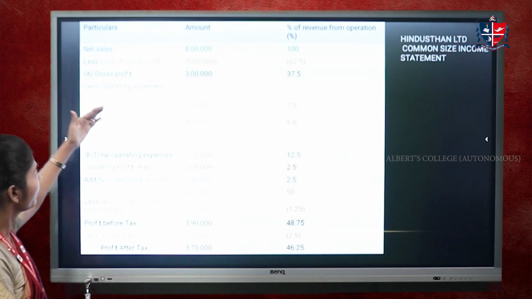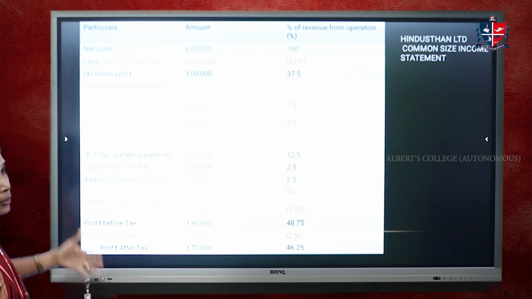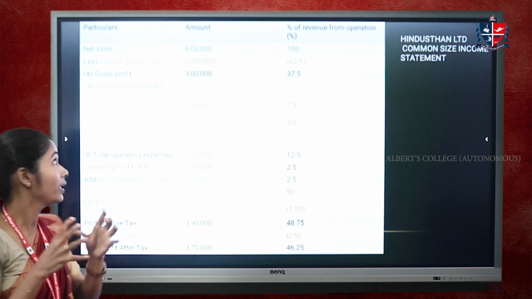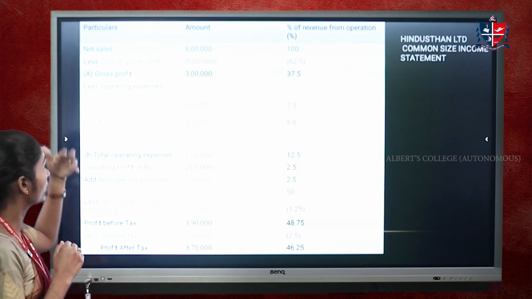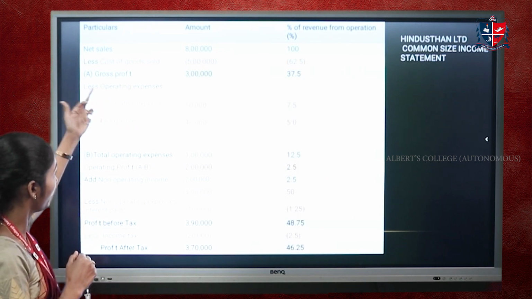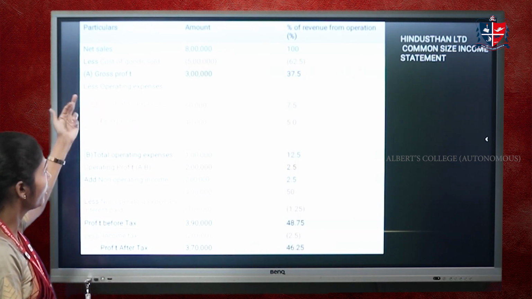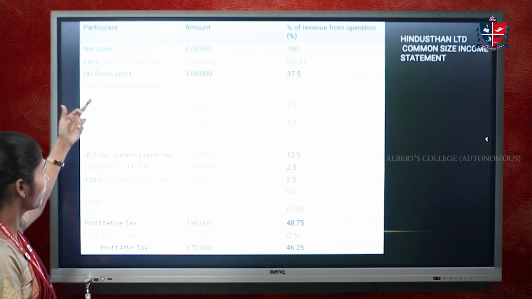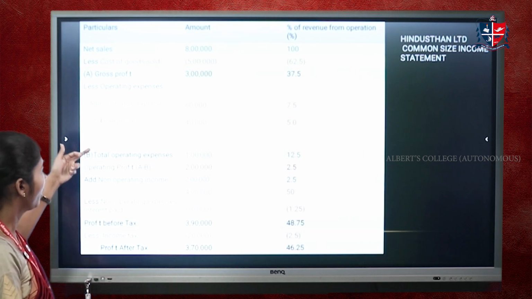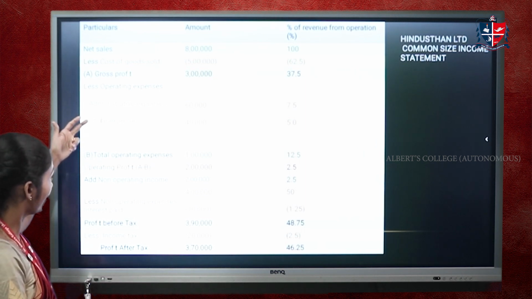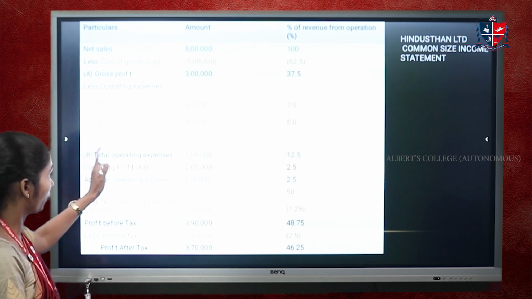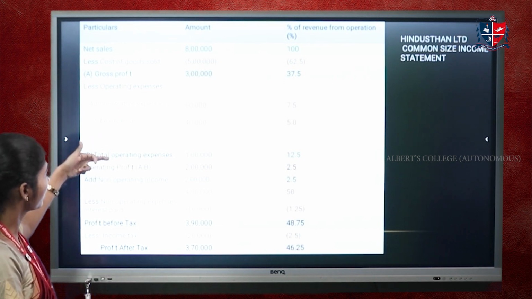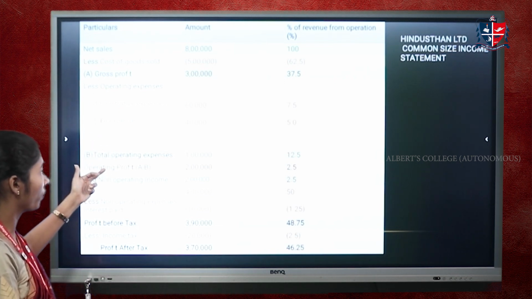So this is the format for computing the common size income statement. First we put the net sales, after that less cost of goods sold from it, then we will get the gross profit. If you have any operating expenses, total them and deduct them from the gross profit, then you will get the operating profit.